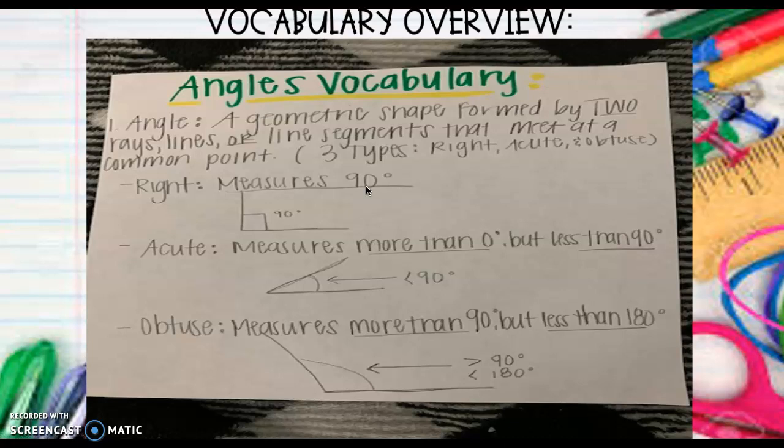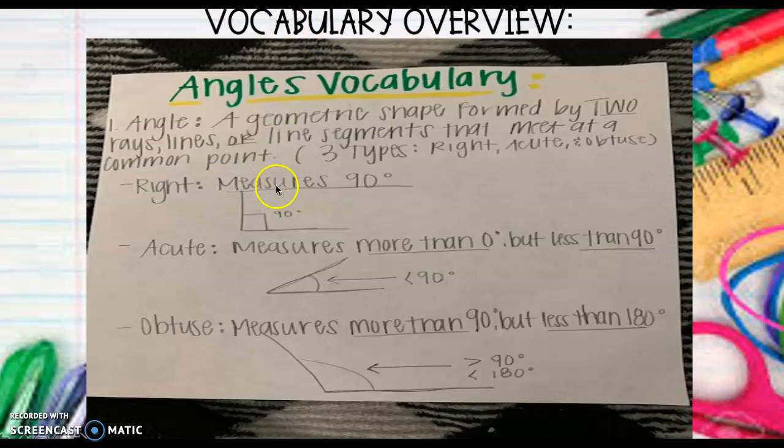Okay? So once again, an angle is a geometric shape formed by 2 rays or line segments that meet at a common point. There are 3 types. These 3 types you will need to know forever and ever and ever. Okay? So the first one that you have is a right angle. It measures exactly 90 degrees.